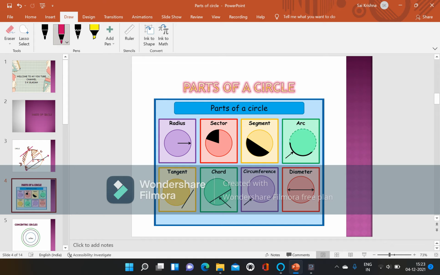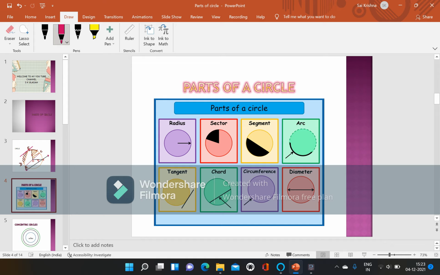And the chord, the distance between any 2 points on a circle, and the longest chord is the diameter. Arc, the part of the length of the circle is called the arc, and the smaller one is called the minor arc, and the major one is called the major arc.